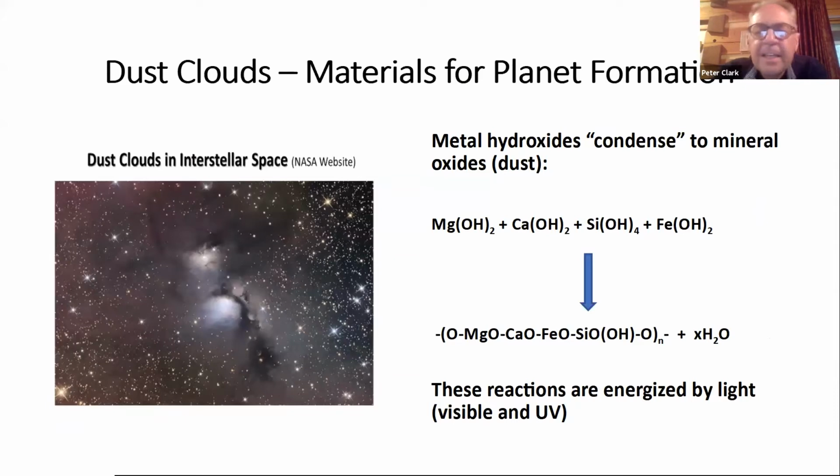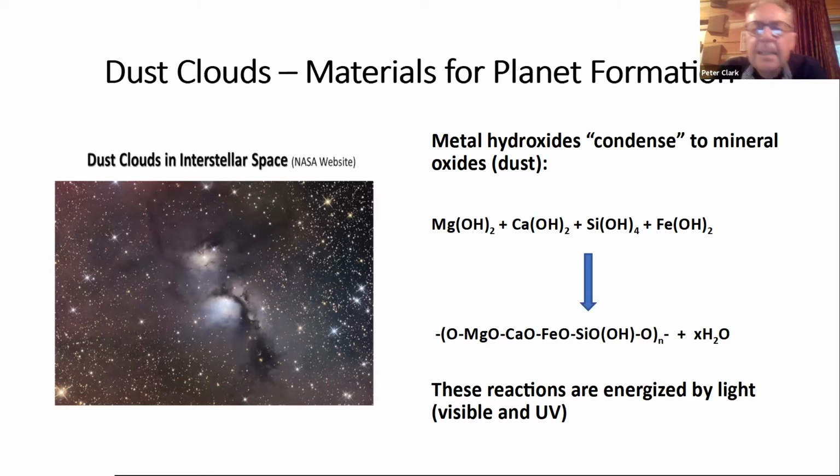All right, so if I take these hydroxides and I condense them, then I can make a composite mineral based on the amount of magnesium, calcium, silicon, iron, etc. And again, this is a simplified picture because I've left out other elements which will be mixed up in there, such as strontium and so on, many others.